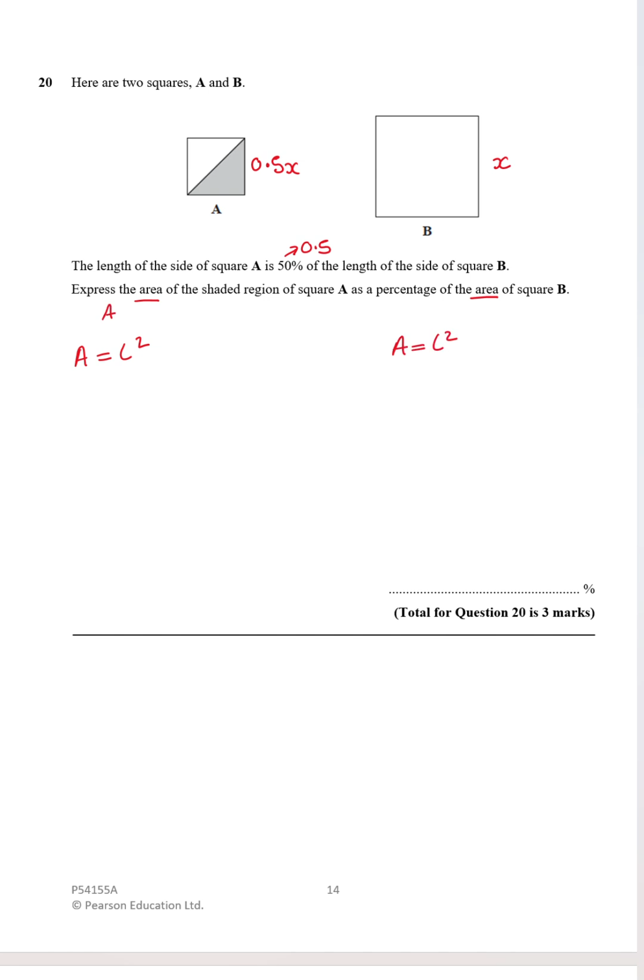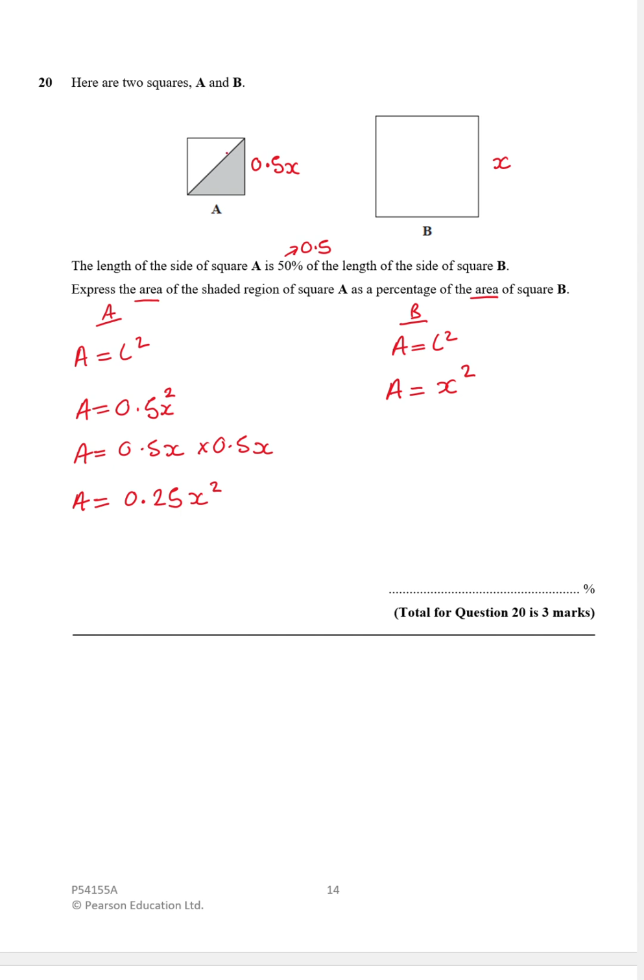Let's do A and B. Well, the area of square A is going to be 0.5x squared, which remember is 0.5x multiplied by 0.5x, or 0.5 times 0.5 is 0.25, and x times x is x squared. My second one is a little bit easier, it's just x squared. I could write out area as x times x, but I'm just going to get back to area as x squared, so I'm going to leave it as it is.